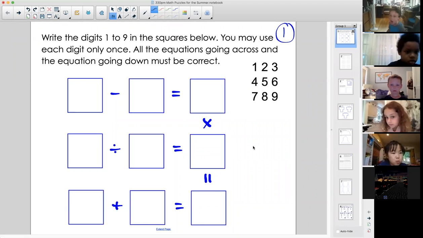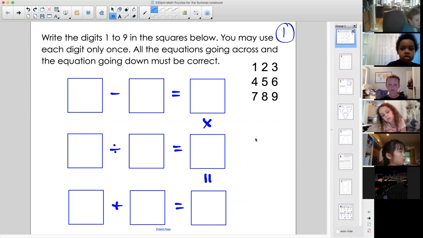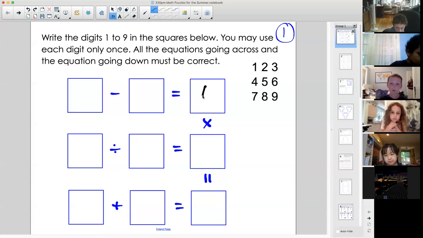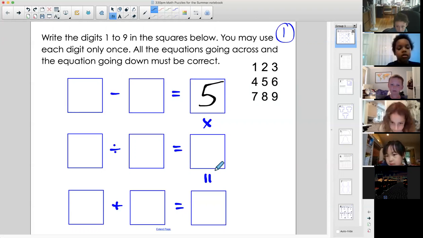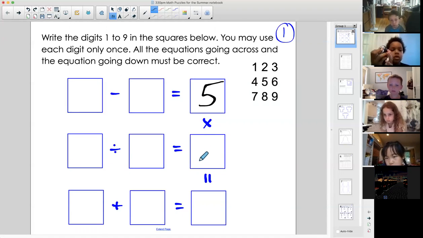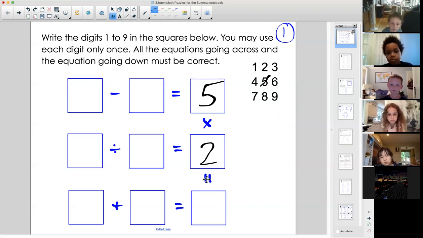Let's think about it, guys. Could we put the number, let's say the number 5 in this box? If we put the number 5 in that box, and we can cross off our 5, and we put the number 2, what does this answer have to be?